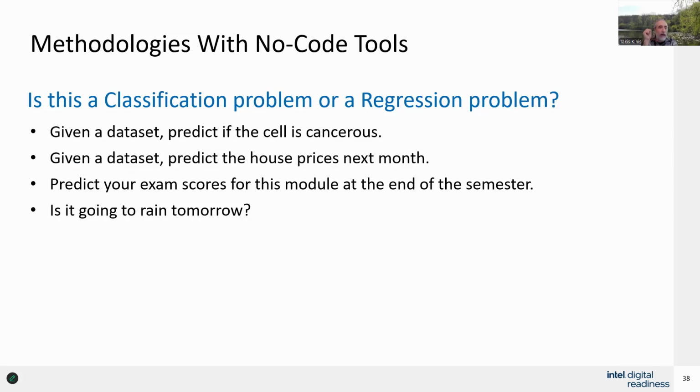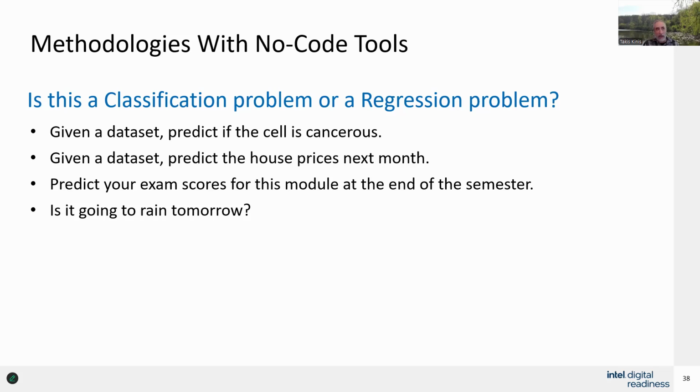They kind of quiz us here a little bit. If you have a data set to predict if a cell is cancerous or not, is that classification or regression? That would be classification. What about predicting if house prices will go up or down?